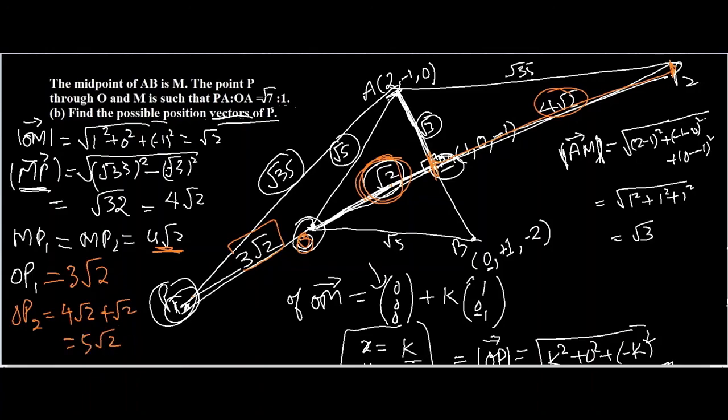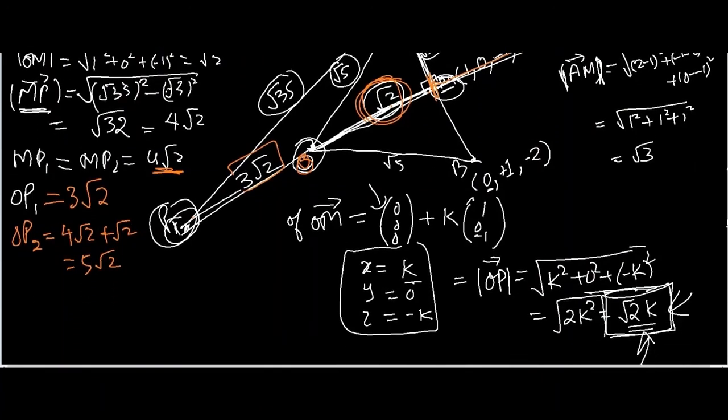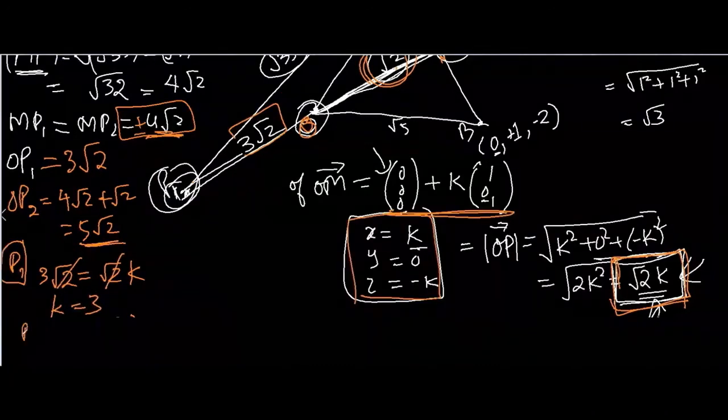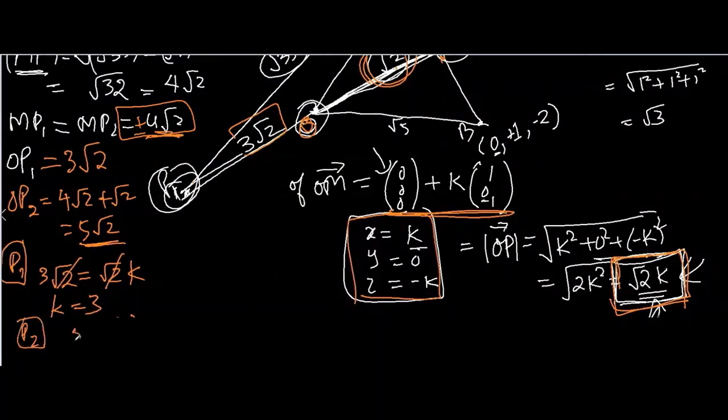So now we have got two lengths of P1 and P2 with reference to O, and we will compare them with the length we got here in the previous part as a general length. So for OP1 first, let's say P1. Okay, the length was 3 square root 2 and it will be equal to square root 2 k. So square root 2 and square root 2 cancel, k becomes 3.